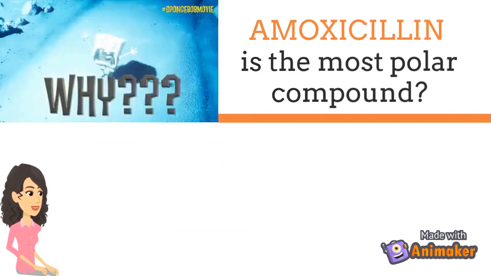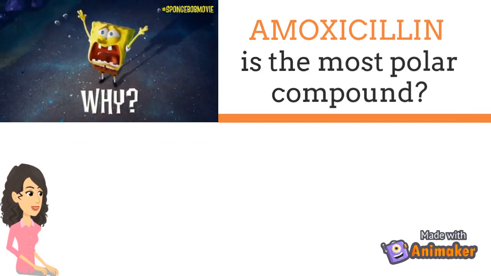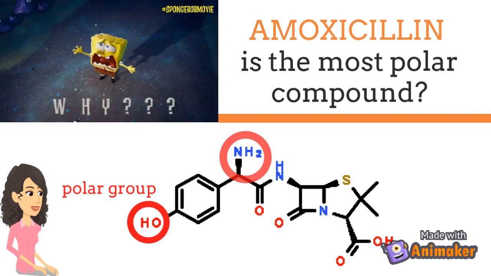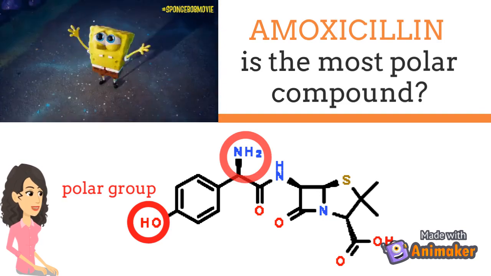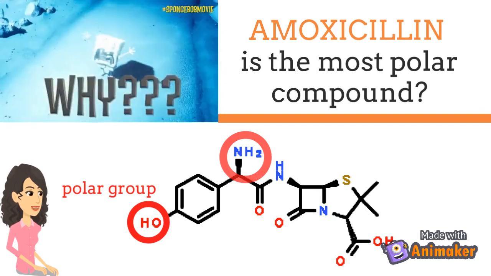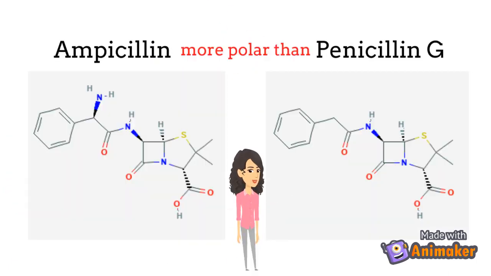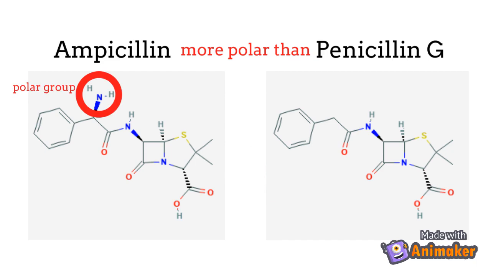Amoxicillin is the most polar compound, and is eluted out first, because of the presence of the polar group NH2 in the amide side chain, and the hydroxyl group at the para position of the benzene ring. Ampicillin is eluted out second, followed by Penicillin G, because Ampicillin is more polar than Penicillin G. This is because Ampicillin has an extra polar group NH2 in the amide side chain.